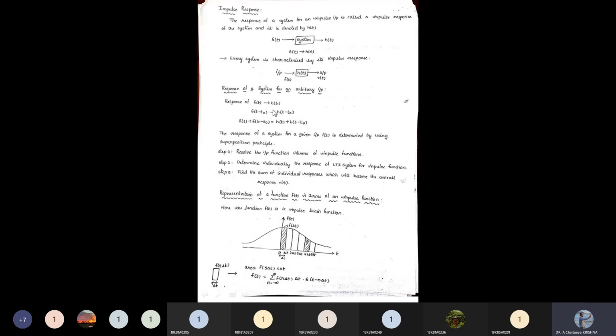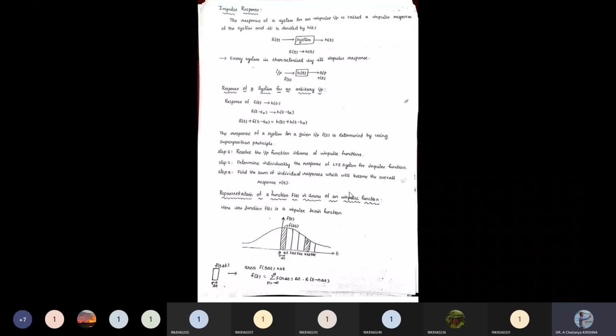That means we convert any function into an impulse train, find the responses of the individual impulses, and then add them. This is the process to find the response of the system.